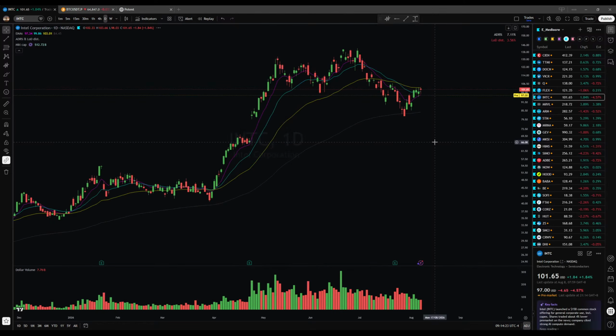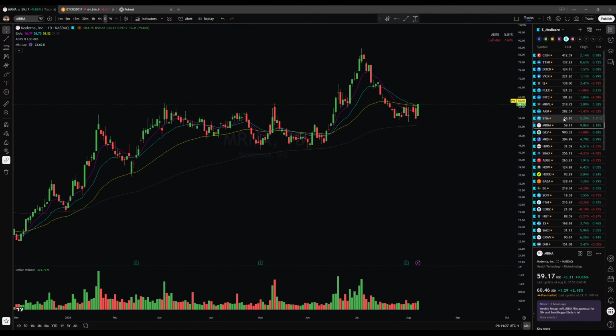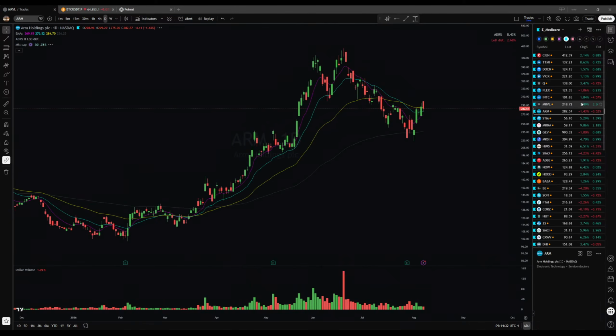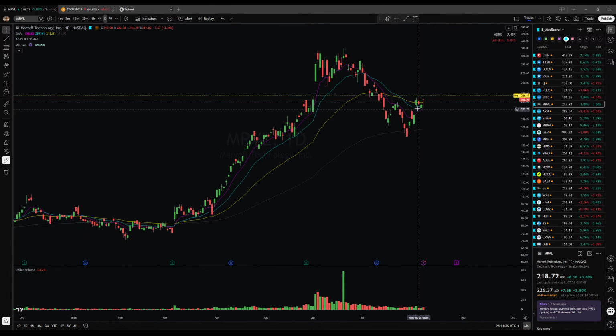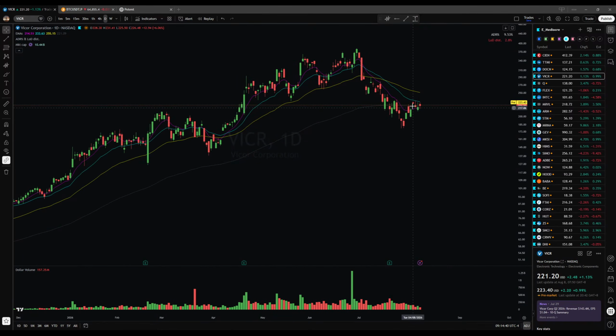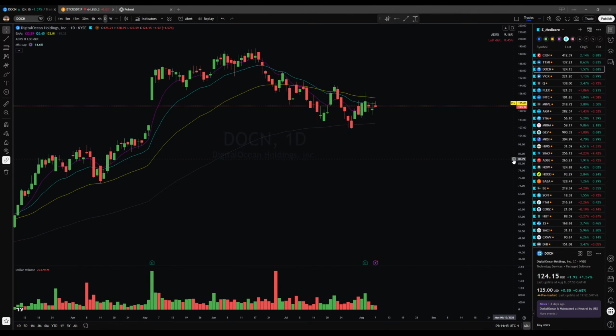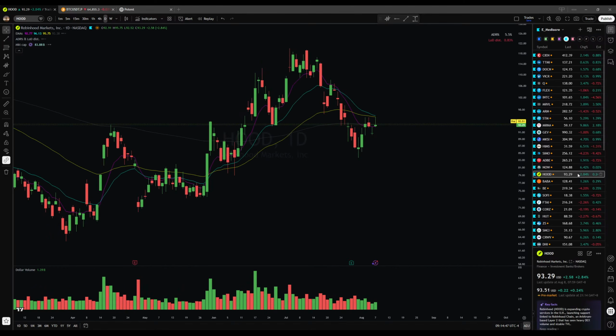At the same time, I think more than half of the names are right now between the 9 and below the 50. A lot of the names are staying between all the EMAs.